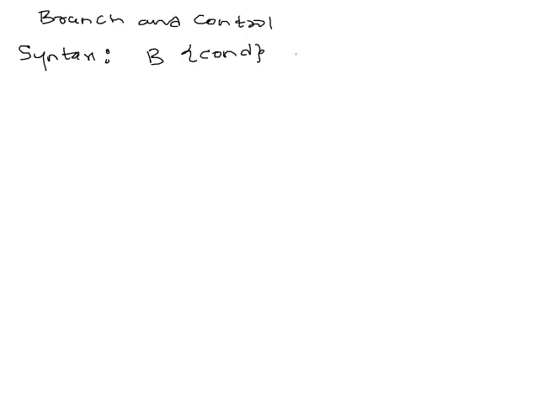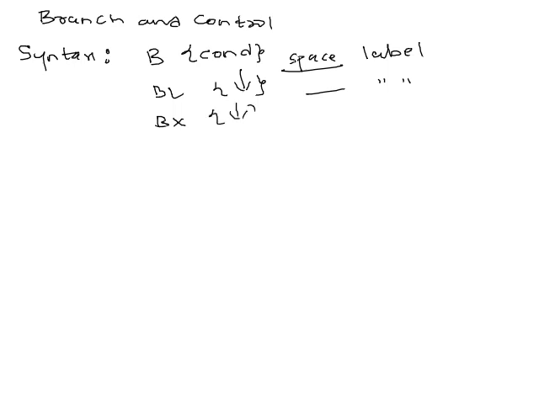Then we have the space, you have to leave the space, then you have to mention the label. Okay, similarly for BL also same thing, condition space label. Okay, and even for BX also we have to specify the condition.